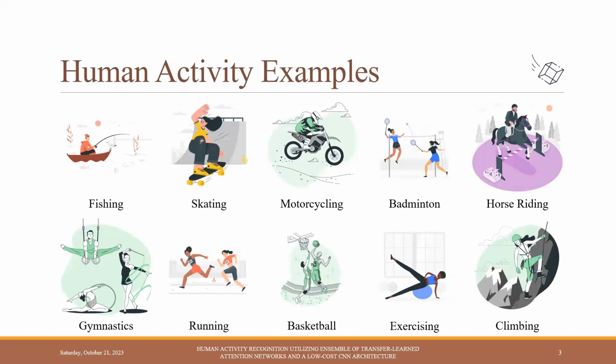First of all, let's talk about human activity. All those activities that are carried out by humans are called human activities. Here you can see some examples like fishing, skating, motorcycling, playing badminton, horse riding, exercising, or climbing. These are all human activities.